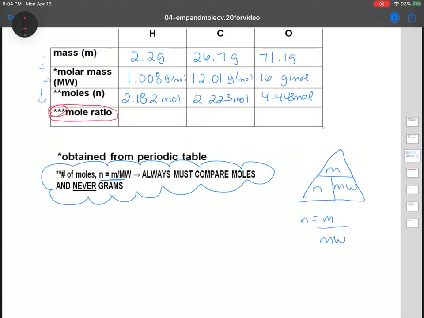So how do we get that? Then you have to divide by the smallest mole amount. So you take a look, 2.182 and 2.223, they are pretty close. However, 2.182 is smaller. So each mole amount is divided by 2.182.